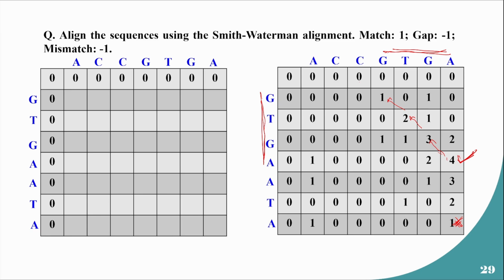Until you hit 0, you trace back, and then you can see which characters those grids correspond to. That's it. So this will be the alignment: ACC GTGA versus GTGA ATA. The GTGA portion will be aligned together.